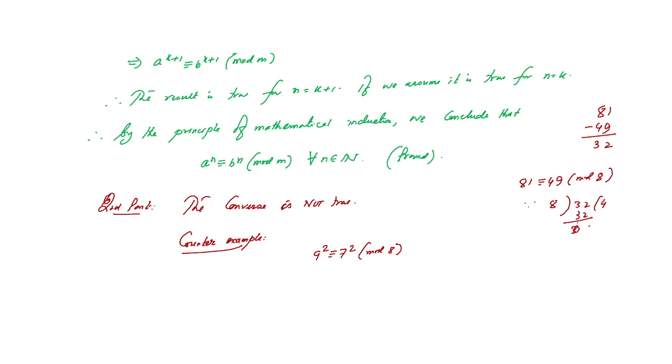The remainder is 0. But 9 is not congruent to 7 mod 8, because 8 does not divide 9 minus 7, that means 2. So that's why if we remove the power, then it may not be true.